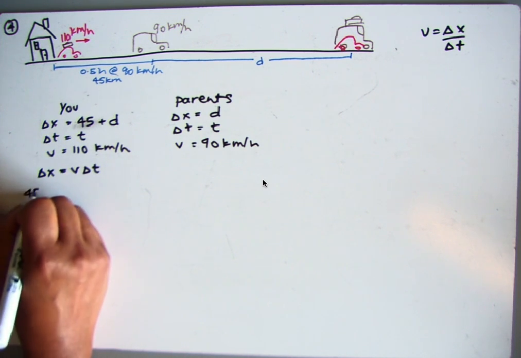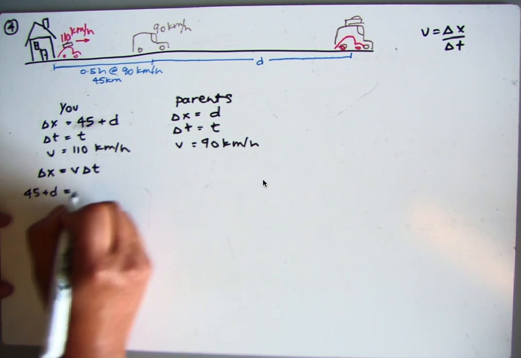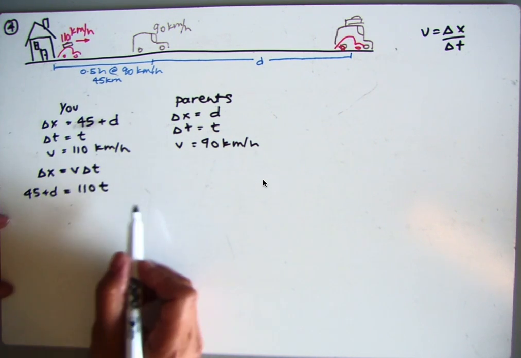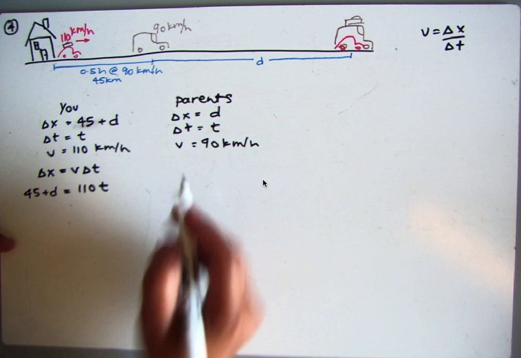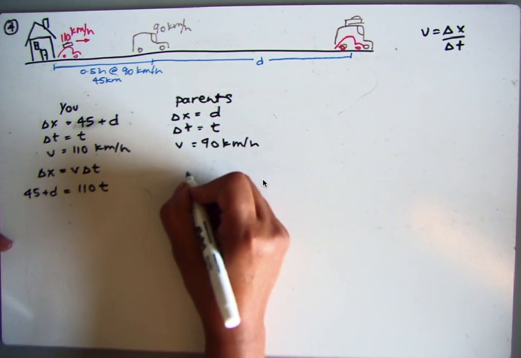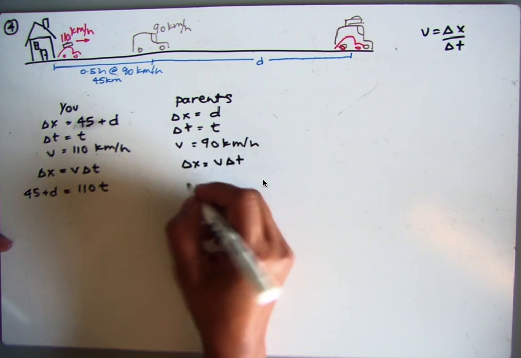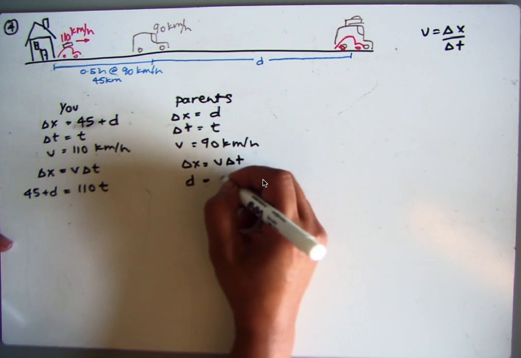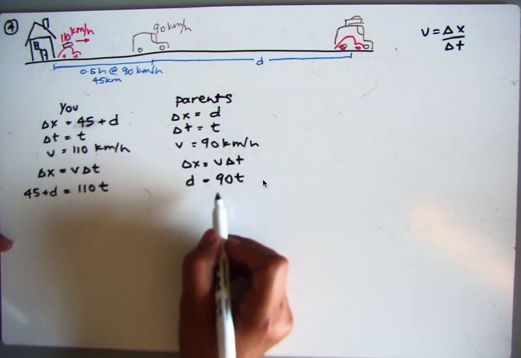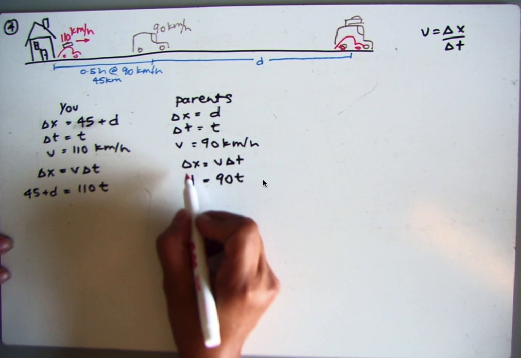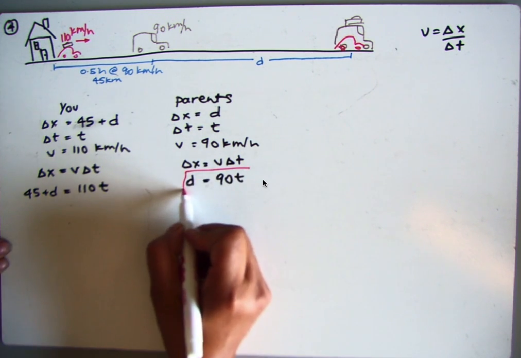So we have 45 plus d is equal to 110 t. That's an expression that describes your motion. How about your parents' motion? Same equation, delta x equals v delta t, but now it's d equals 90 t. So this is the expression that describes your parents' motion.